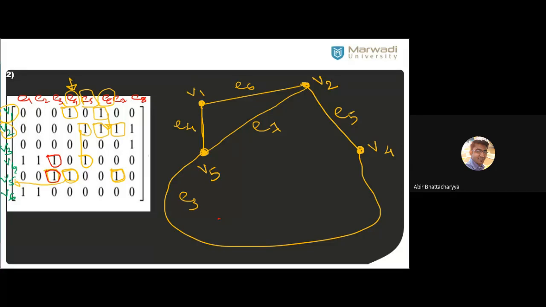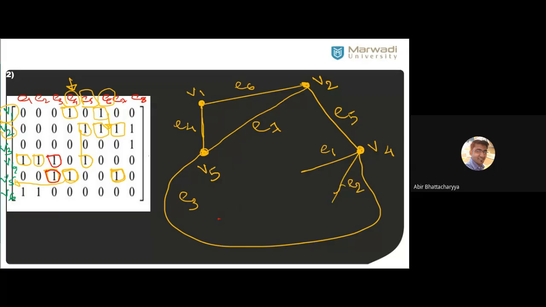Look at this. V4 is connected with emitting E1, E2. So E3 and E5 have been completed. So E1 and E2, two emissions are there. One is E1, another one is E2, right?